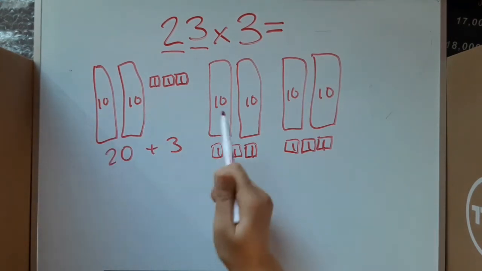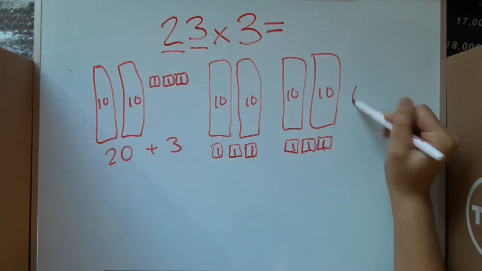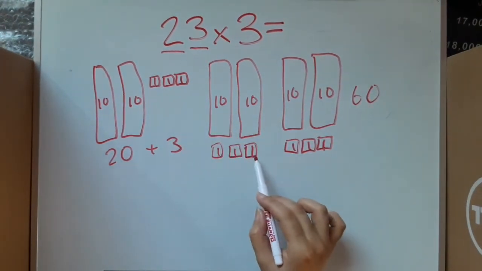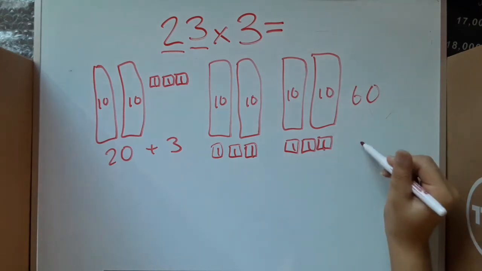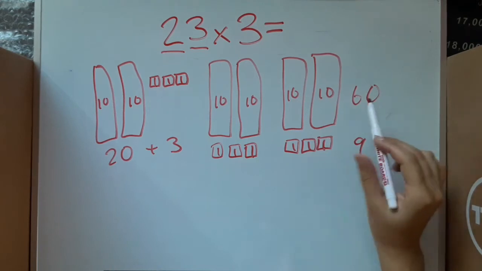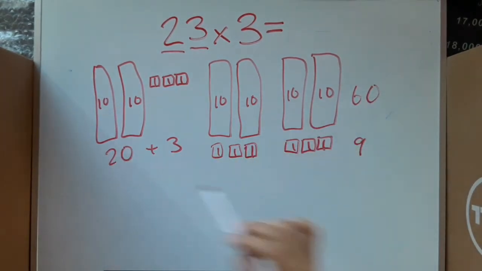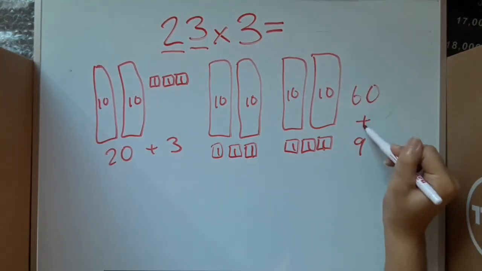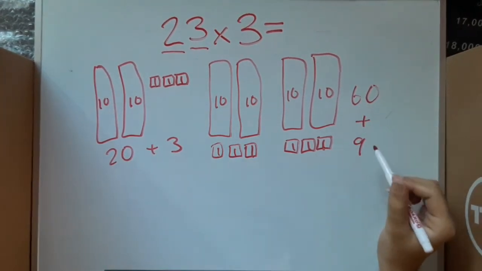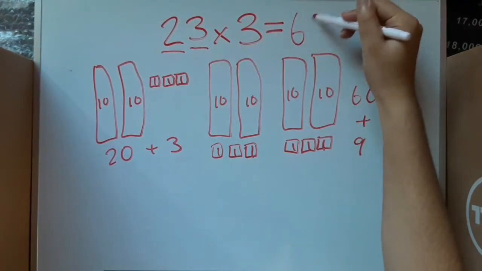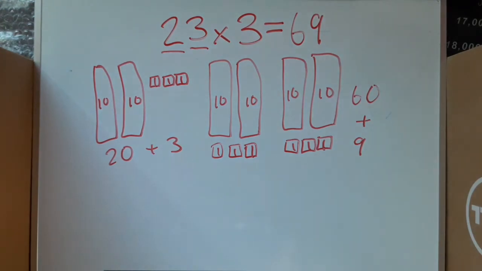There's 60, and 1, 2, 3, 4, 5, 6, 7, 8, 9. So, in total, we have 60 in our blocks of 10 and 9 in our blocks of 1. If we combine them, that's 60 plus 9, which equals 69. So we know 23 times 3 equals 69.